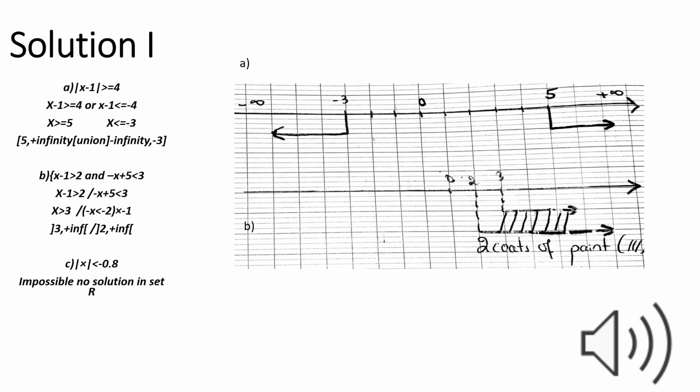So we have the same indices, so we should raise them to the power 3. X to the power 3, x squared, equal to 25. It looks like x power n equal to a where n is even, a is positive. It has two roots, x equal plus or minus radical 25, x equal plus or minus 5.